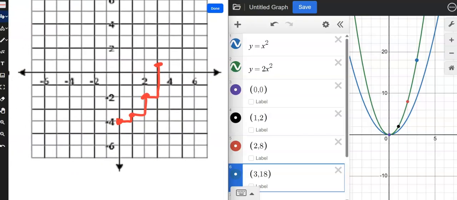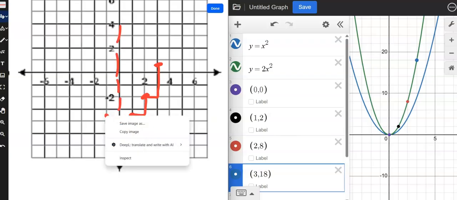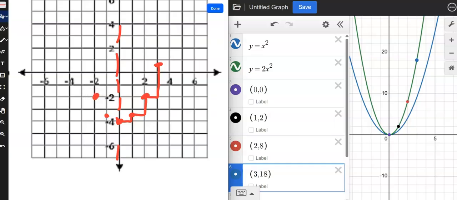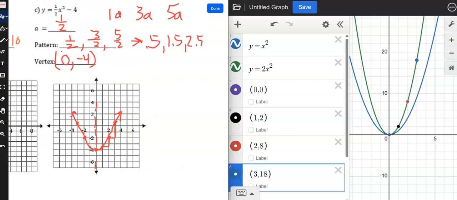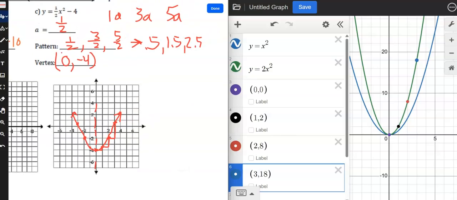And then, if you need your axis of symmetry, draw it in. Plot your dots going the opposite way. Draw in your curve. So it definitely was nicer to use the decimals on that one.